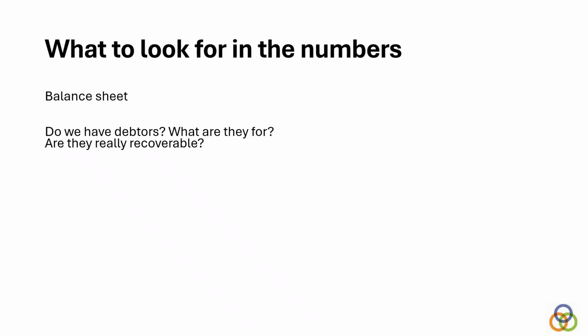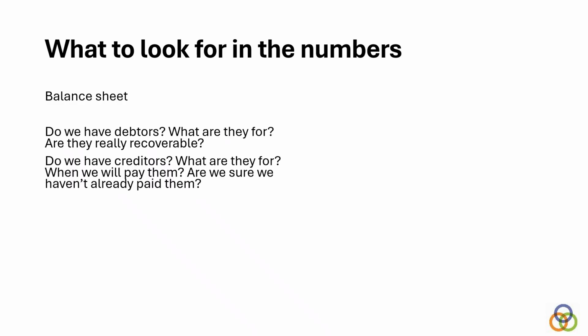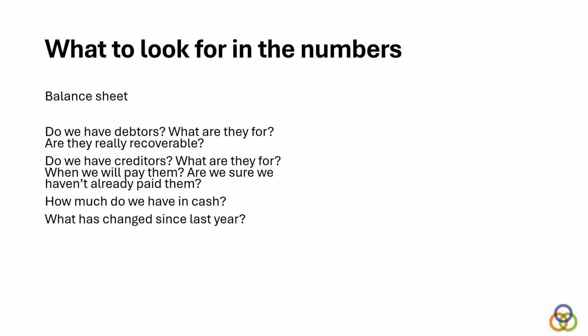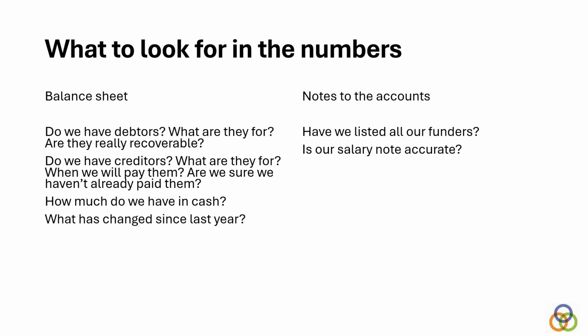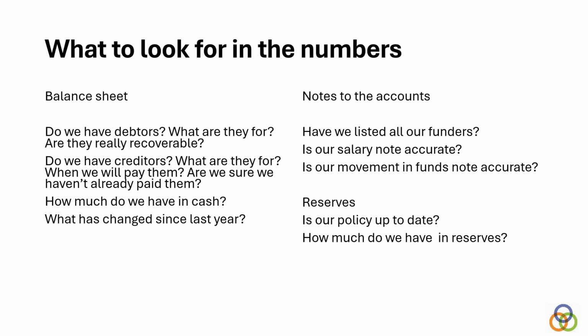The balance sheet never gets enough love. I would look at, do you have debtors? What are they for? Are you really going to recover that? Do you have creditors? What are they for? Have you already paid them? It's just been miscoded. When are you going to pay them? Have you got enough cash to pay them? How much have you got in cash? And in the notes to the accounts, have you listed all the funders? Is the salary note accurate? Is the movement in funds note?